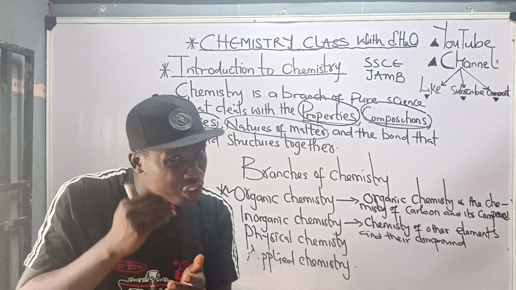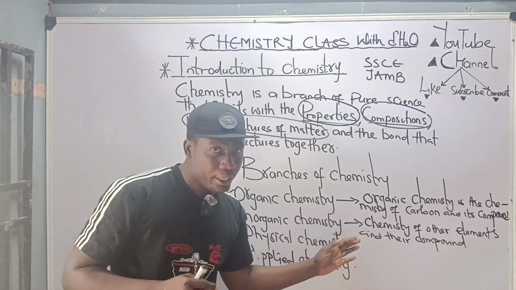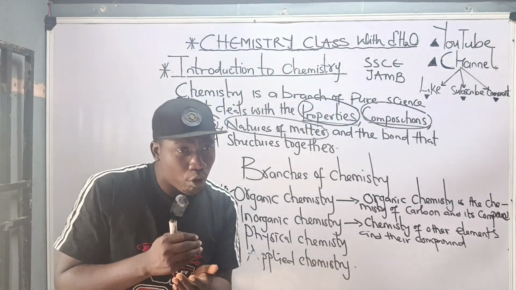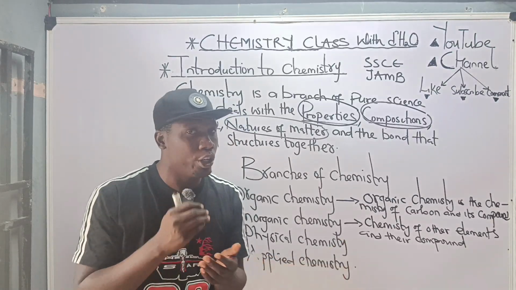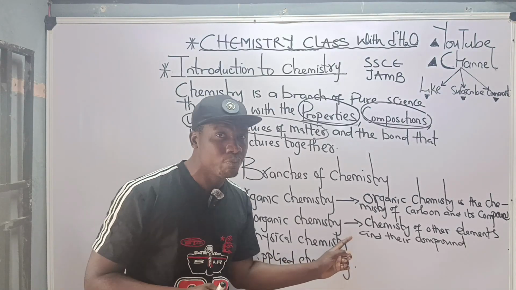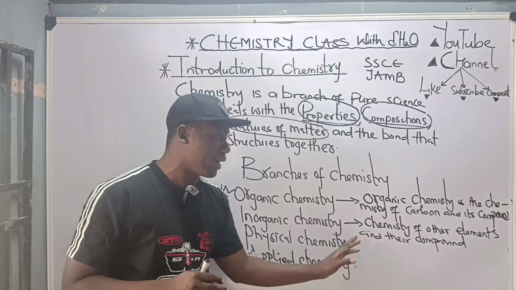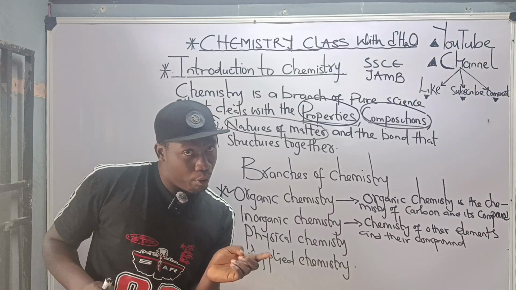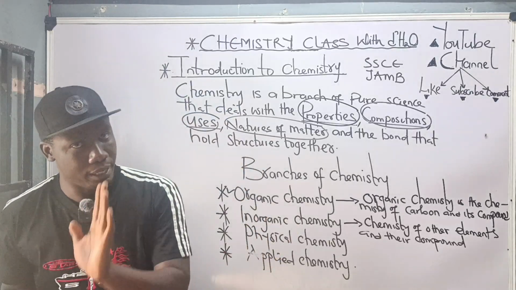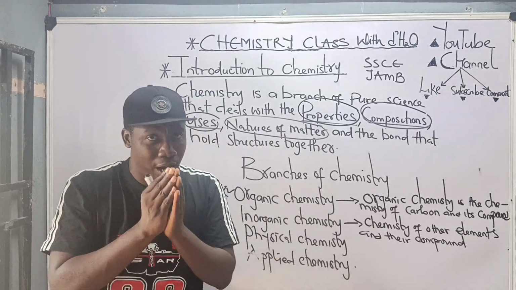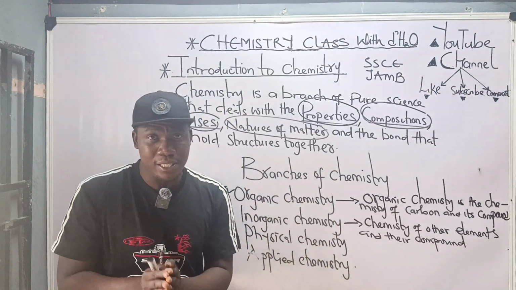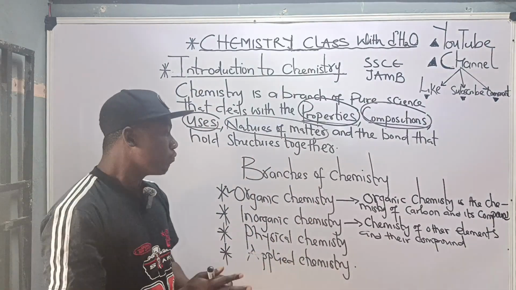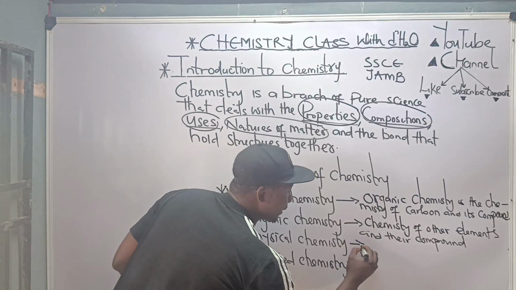Oxygen and its compounds, inorganic. Sulfur, phosphorus, silicon, nitrogen and their compounds, inorganic. So organic is strictly for carbon and its compounds, while inorganic is strictly for other elements and their compounds. Do you understand? Good. Now, what is physical chemistry?